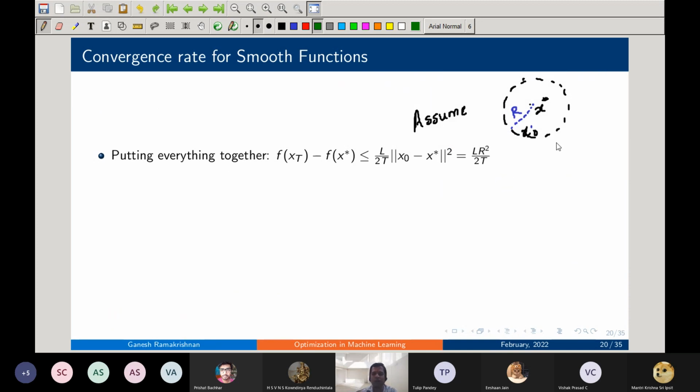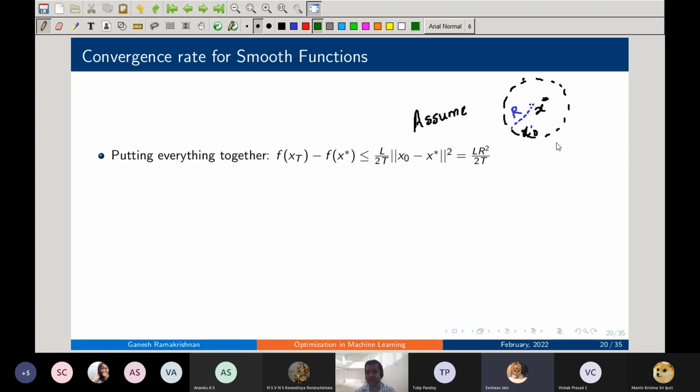Now what is this? How good is this? I want the function value reducing by at least epsilon. How many iterations will I take? Okay, Omega 1 by epsilon.